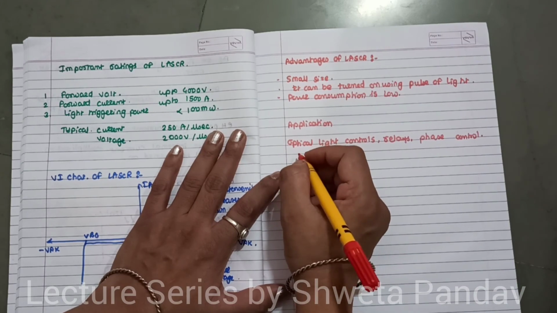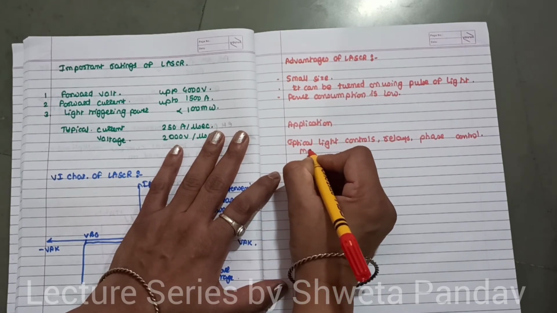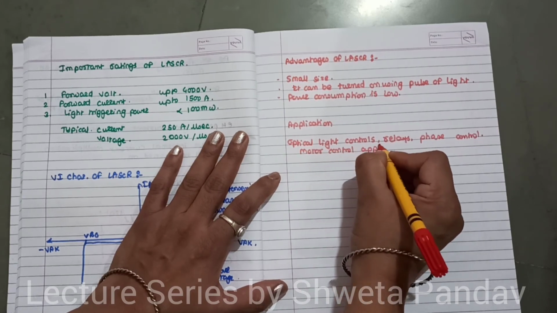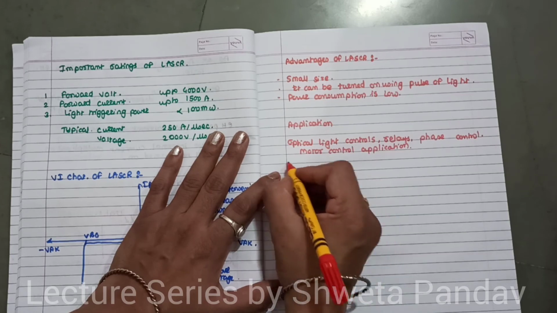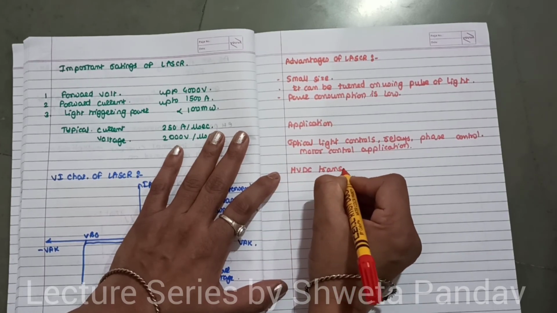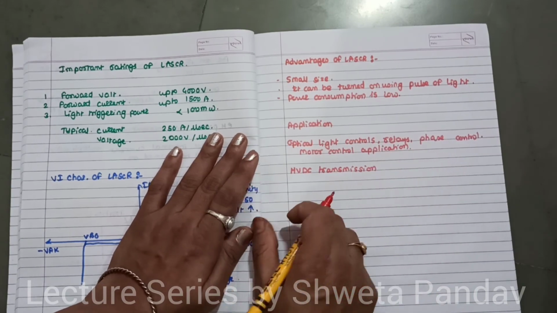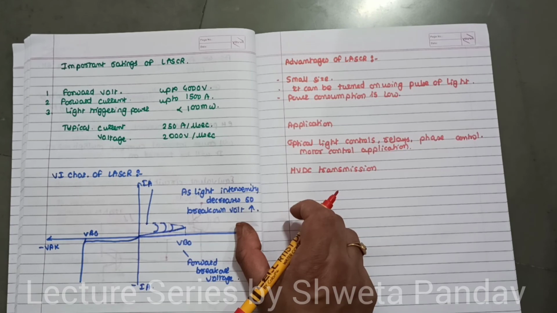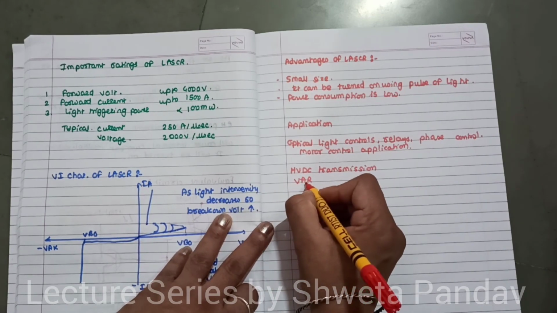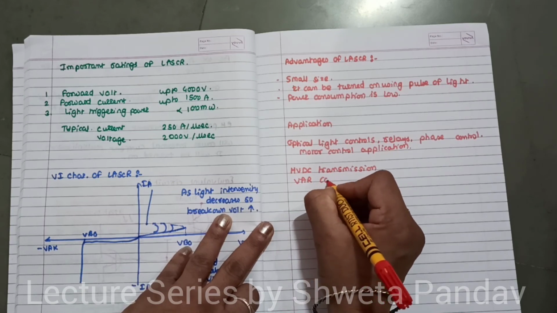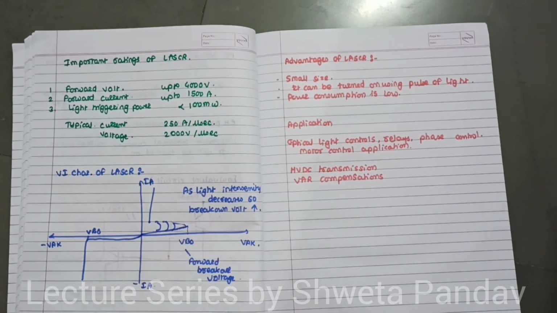We can control motors also, or some computer applications depend on LASCR. It may be used in HVDC transmission, high voltage DC transmission, and static VAR, or volt-ampere reactive compensation. So these are some of the applications of the LASCR.